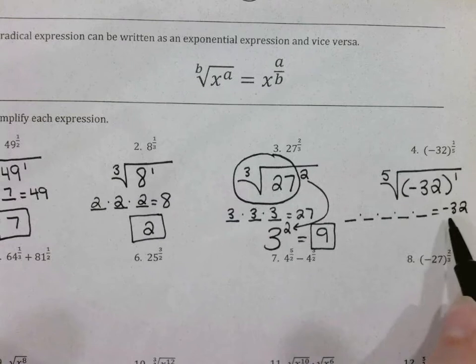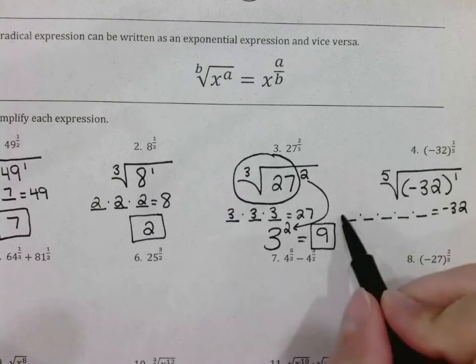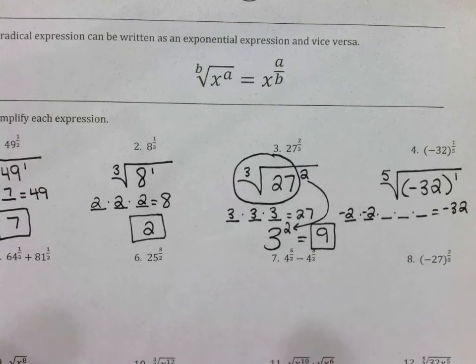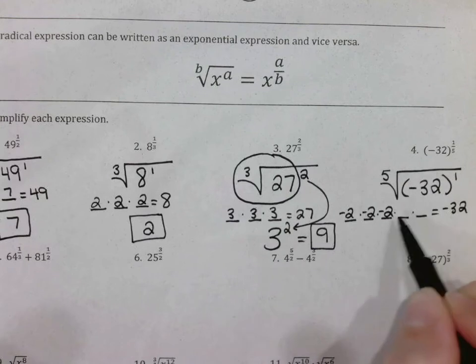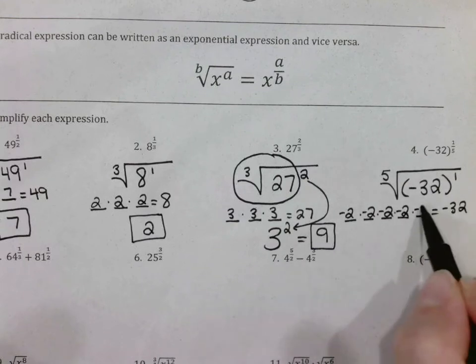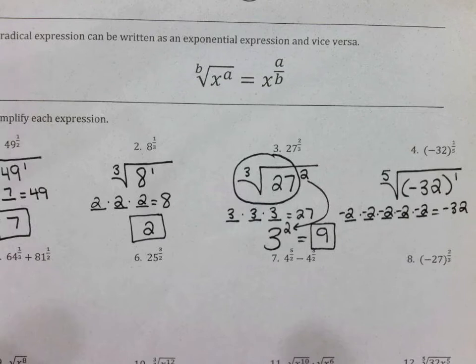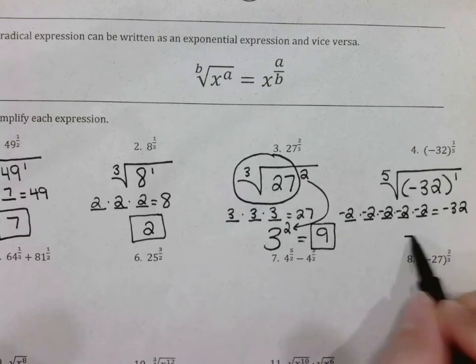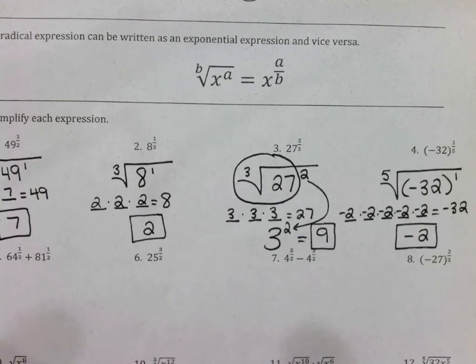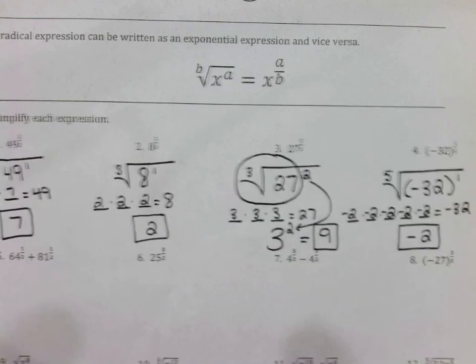We need it to be a negative 32. So hopefully that's when you go back and try a negative 2. Negative 2 times negative 2 is positive 4. Times negative 2 is negative 8. Times negative 2 is positive 16. Times negative 2 gives us that negative 32. So our answer is negative 2.